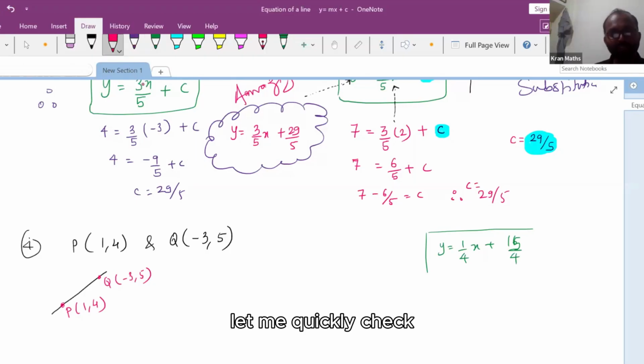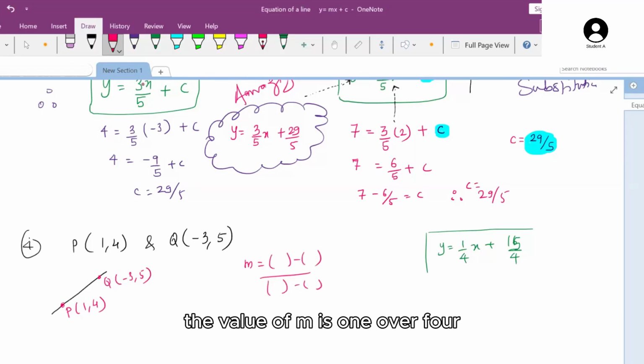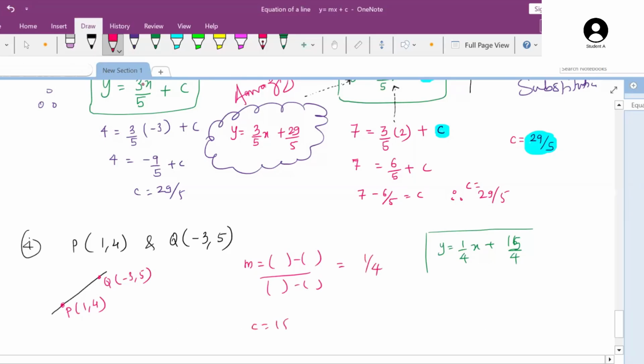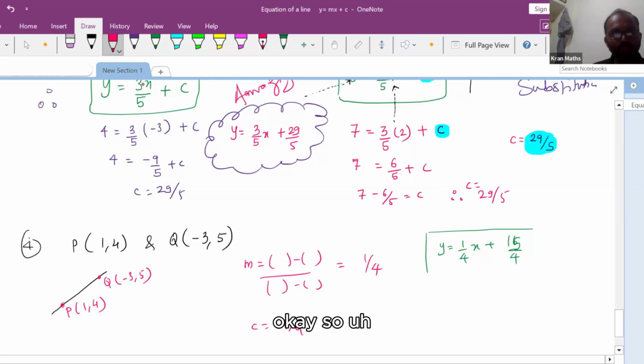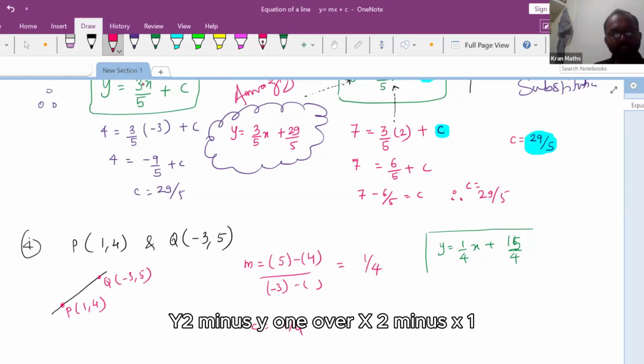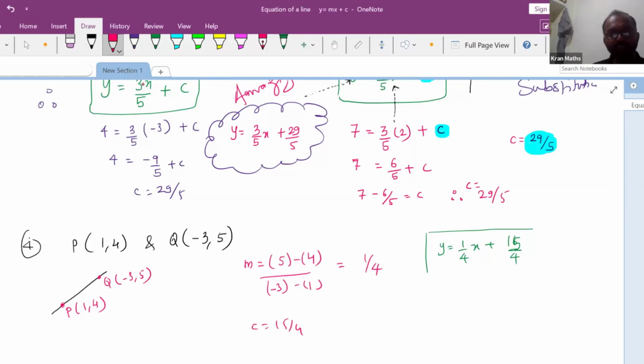Okay, let me quickly check. What is the value of M you got? The value of M is 1/4, and the value of C is 15/4. Okay, so y2 minus y1 over x2 minus x1.